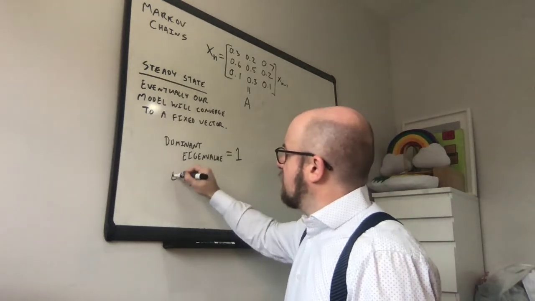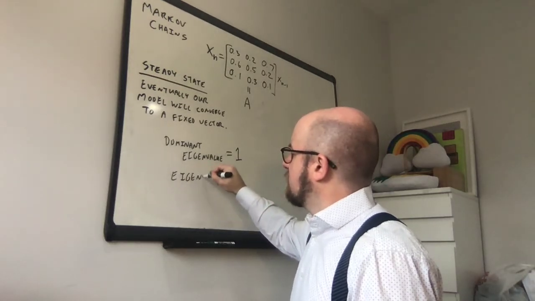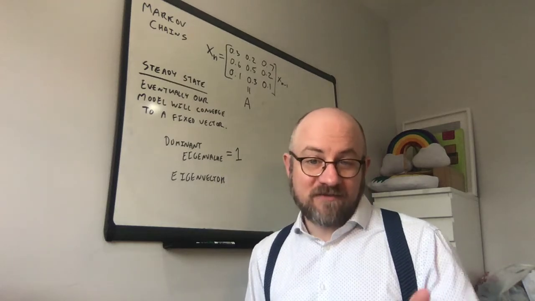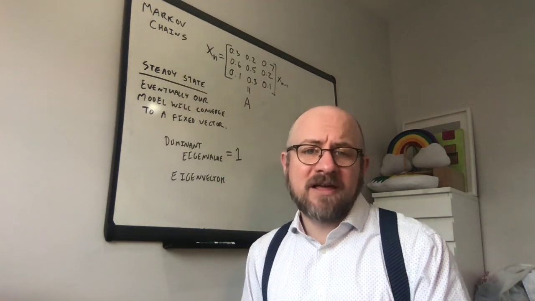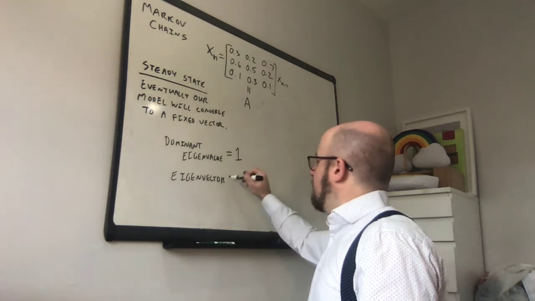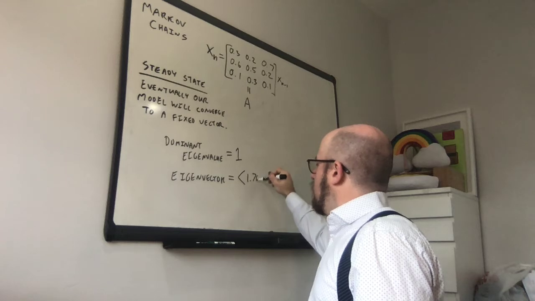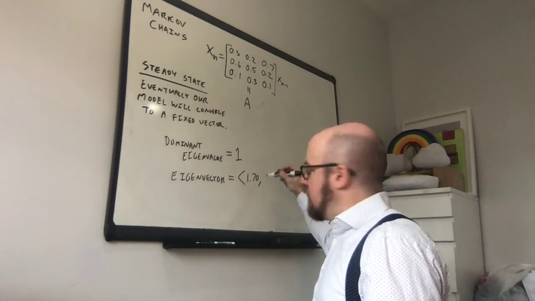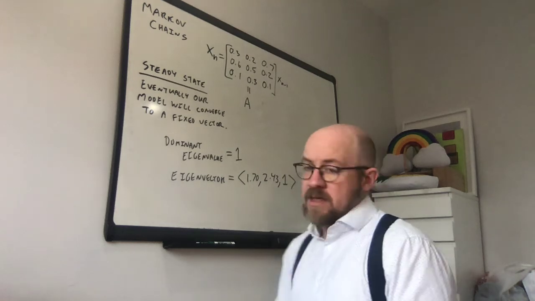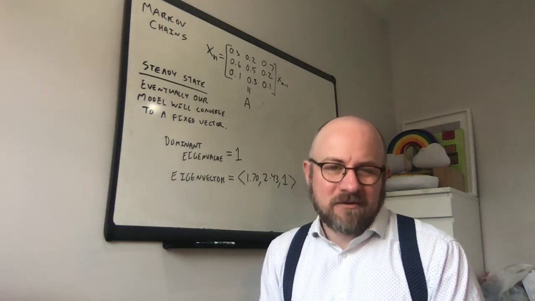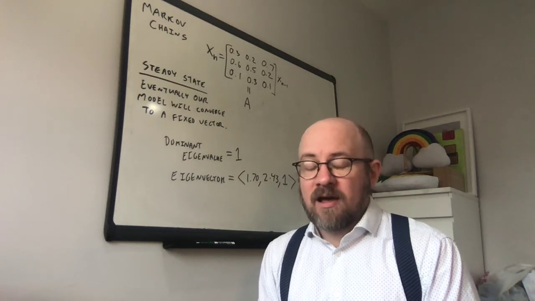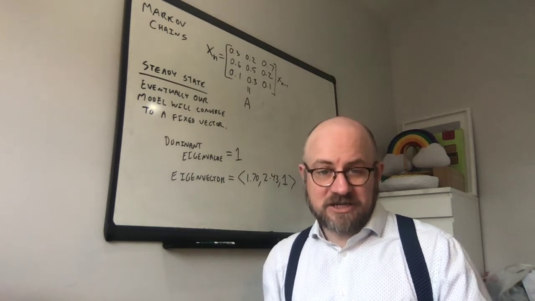And the eigenvector associated with that, if you want to pause this video and go run it through Wolfram Alpha, you can see that the eigenvector you get is 1.70, 2.43, 1. Remember, Wolfram Alpha always makes the final value of the eigenvector 1. And we like to think of these as percentages instead.